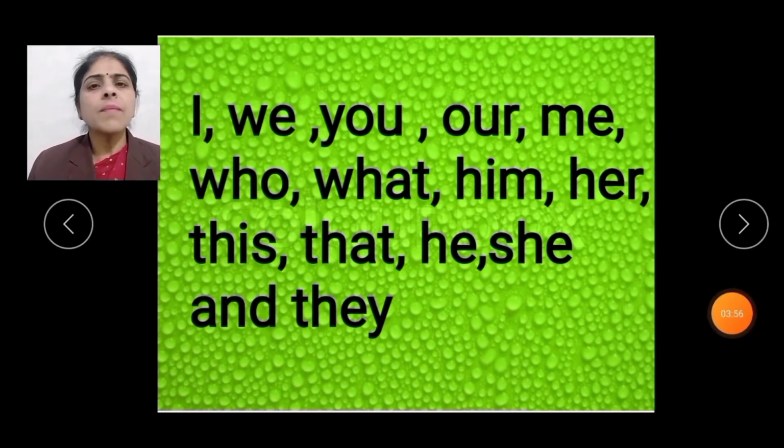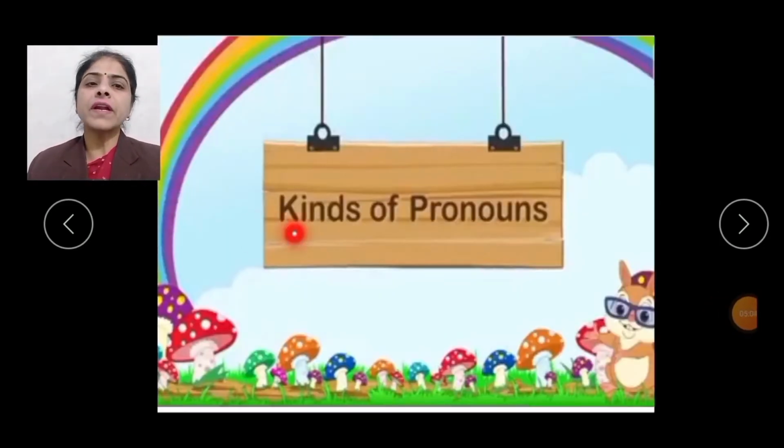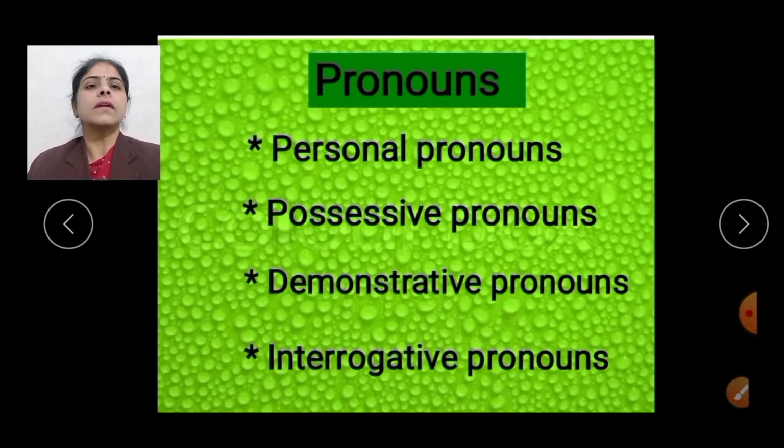And some are used to show ownership, or some are used to ask questions. So, we are having different kinds of pronouns. In our syllabus, we will study about 4 kinds of pronouns, and they are personal pronouns, possessive pronouns, demonstrative pronouns, and interrogative pronouns. Let's study each separately.